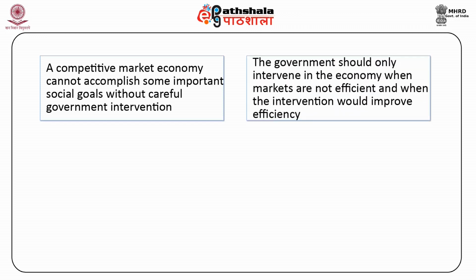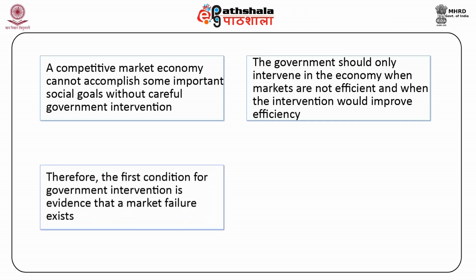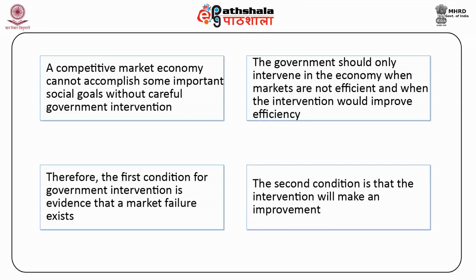The government should only intervene in the economy when markets are not efficient and when the intervention would improve efficiency. Therefore, the first condition for government intervention is evidence that a market failure exists. The second condition is that the intervention will make an improvement. This will depend on how significant the failure is and on the government's ability to design and implement an effective intervention.